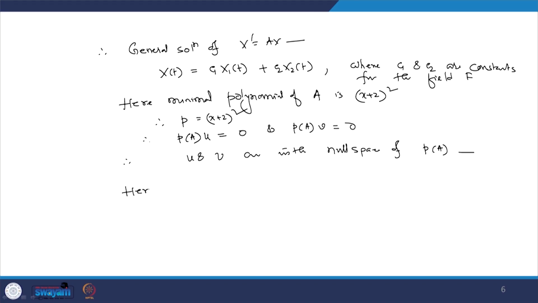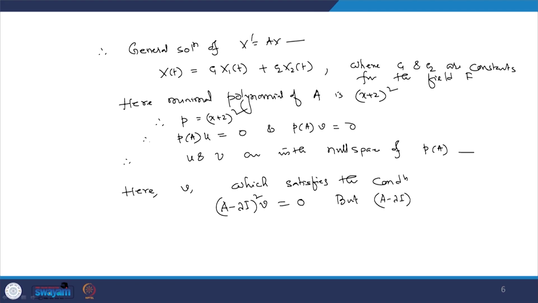Here V satisfies the conditions that (A minus lambda I) squared operating on V equals 0, but (A minus lambda I) operating on V is not equal to 0.